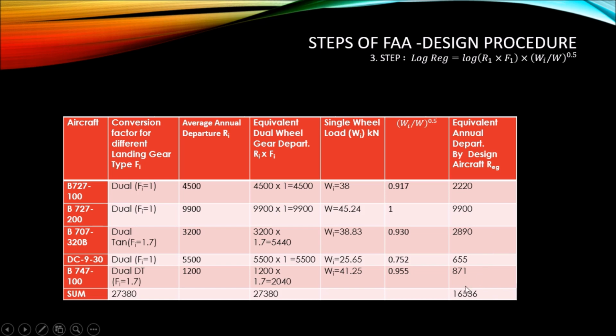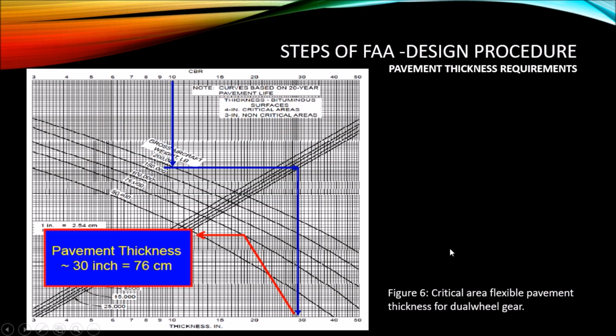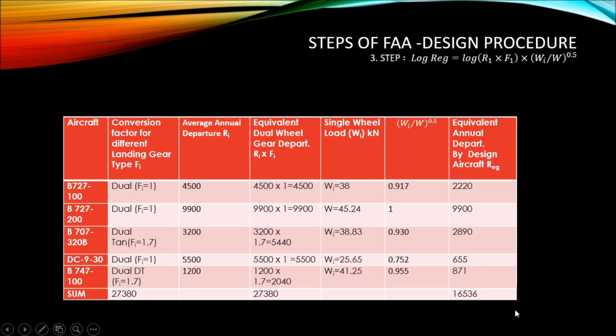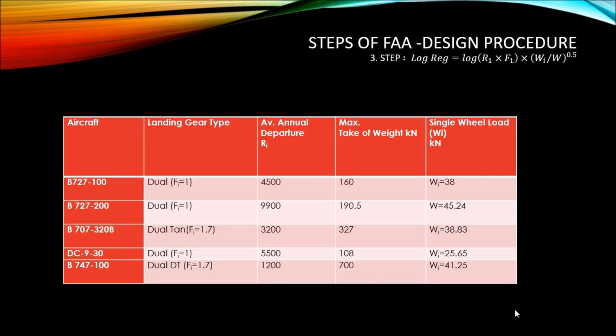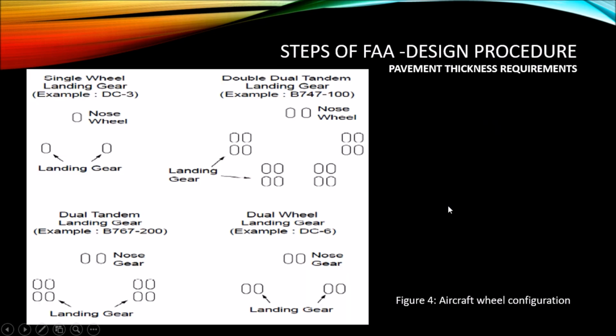What we now need to do is to go to the table for critical flexible pavement thickness for dual wheel. The aircraft is of dual wheel type, as you can see when we investigate that aircraft.